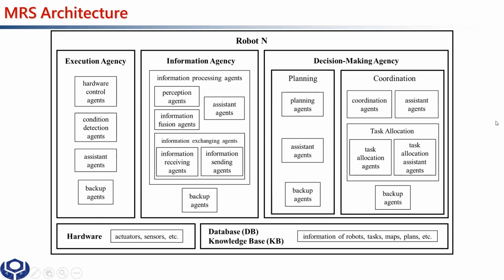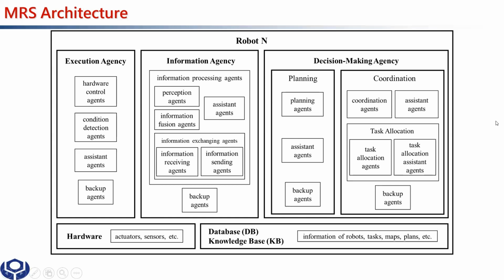We know that robots are not able to bump into each other. They are supposed to avoid collision, so we need some coordination agents to avoid this situation. And then they may also work together to complete a task, such as moving one huge desk from one place to another place.